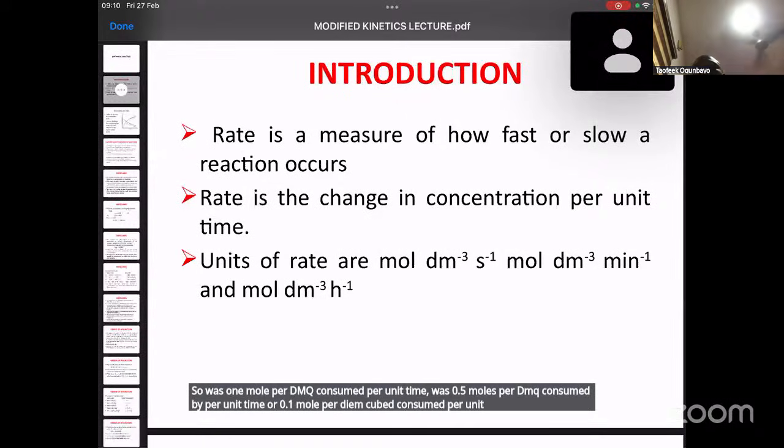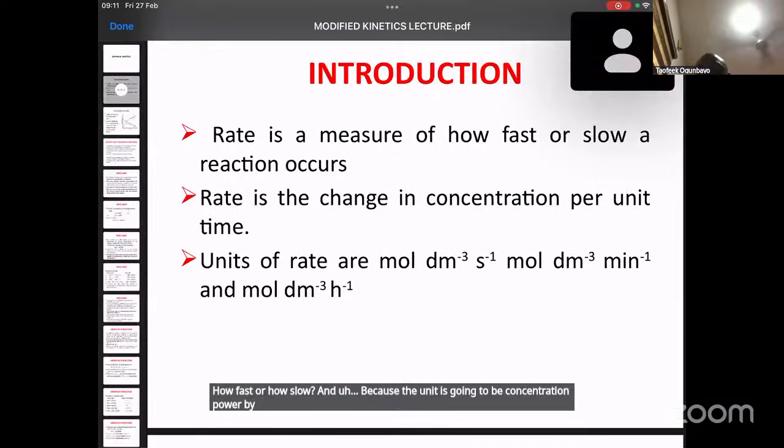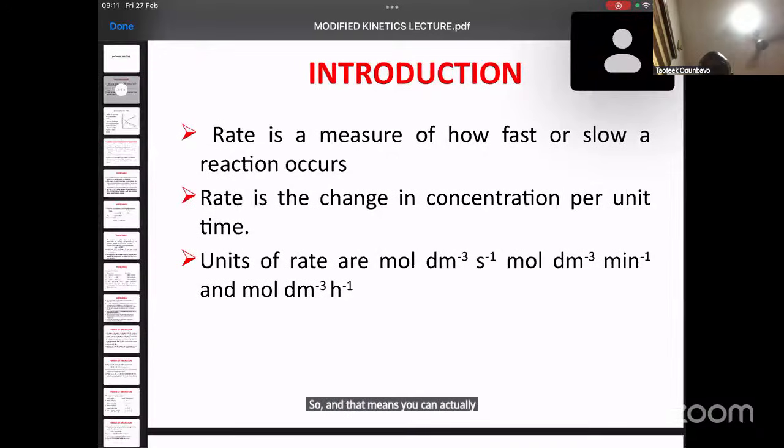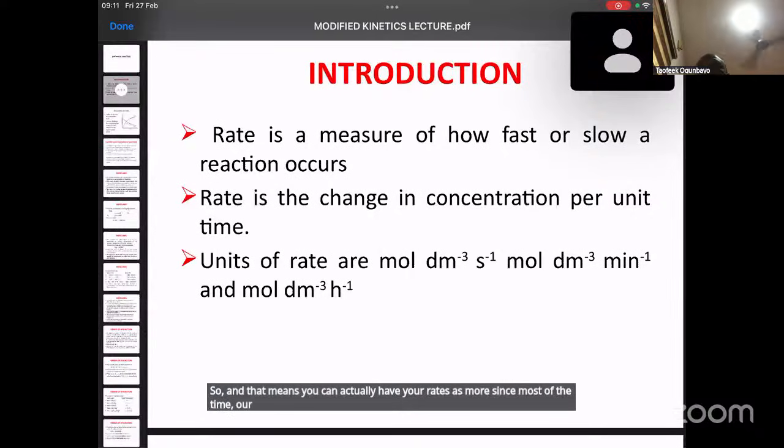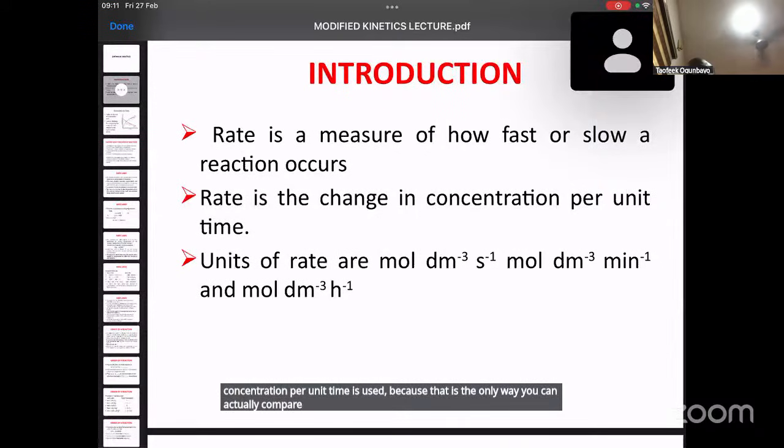So when you're talking about rate of reaction, essentially that is what you're talking about: how fast or how slow. And the unit is going to be concentration per unit time. Since most of the time our concentration is in mole per dm cube, there is also mass concentration, but when we're talking about rate, traditionally concentration per unit time is used, because that is the only way you can compare across varieties of molecules.